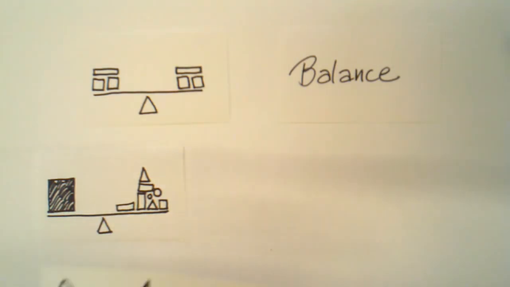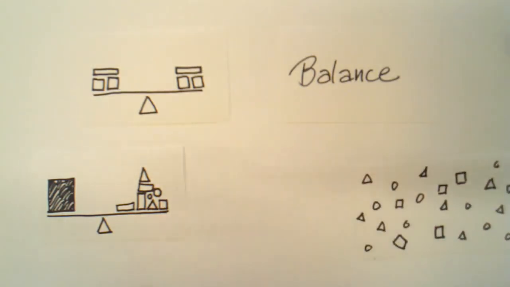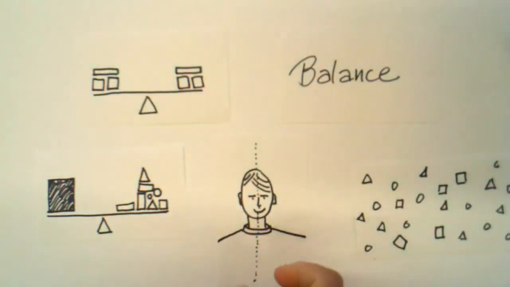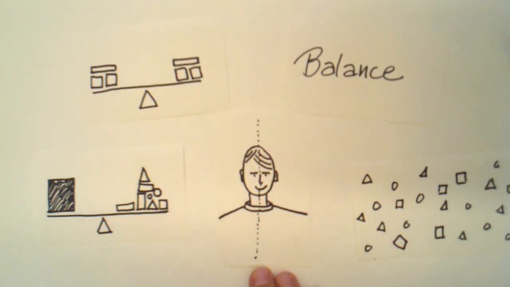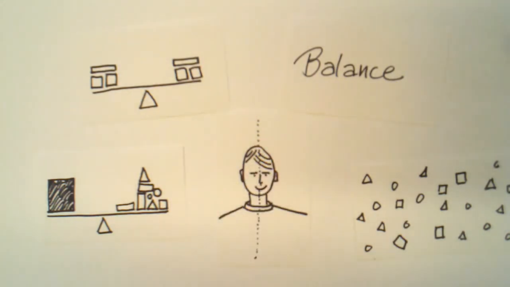But balance can also be achieved with an all-over pattern, because the weight seems distributed evenly throughout the whole image. This is kind of like what happens with a face, too, where you have even amounts on each side, creating a kind of symmetry or balance within a face. So simply because the image is centered in the picture, it can create balance in it. So those are 4 different ways to achieve balance.